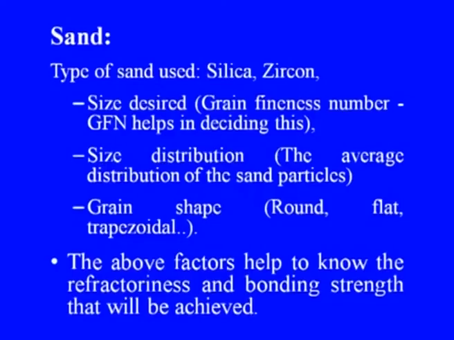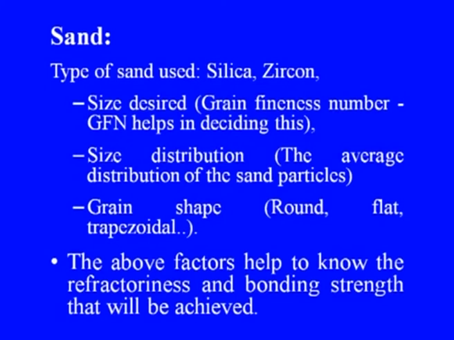Now, let us see a little detail about the sand used. The types of sand used in cell molding are silica and zircon. So, they depend on the size desired. Then in this size, the factor which is considered is GFN, that is the grain fineness number, that helps in deciding this size.